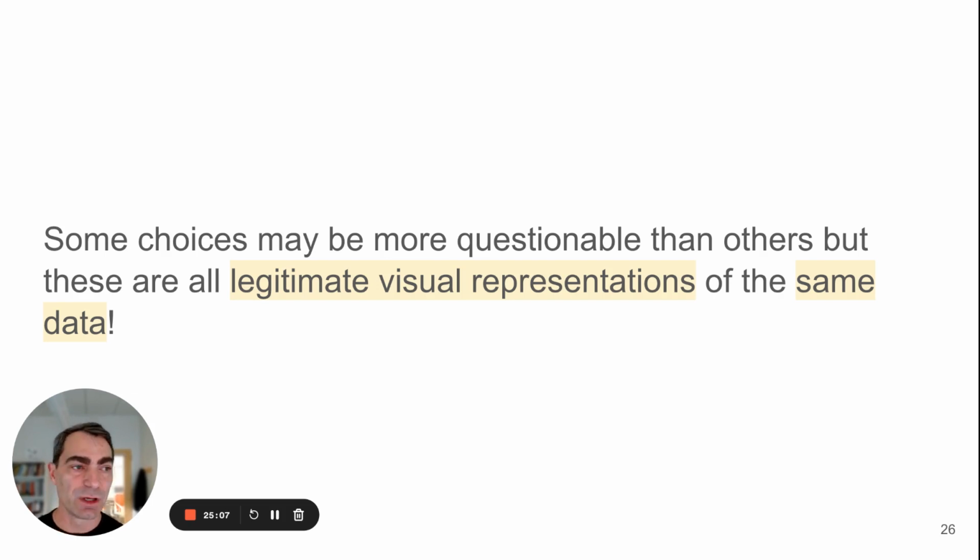There's no specific manipulation or falsification, right? As a side note, you can imagine someone coming up with completely fabricated data, right? None of these examples include fabrication, right? So these are legitimate visual representations of the same data, sometimes different metrics. And again, they may lead to completely different interpretations, which I think is a really interesting problem.